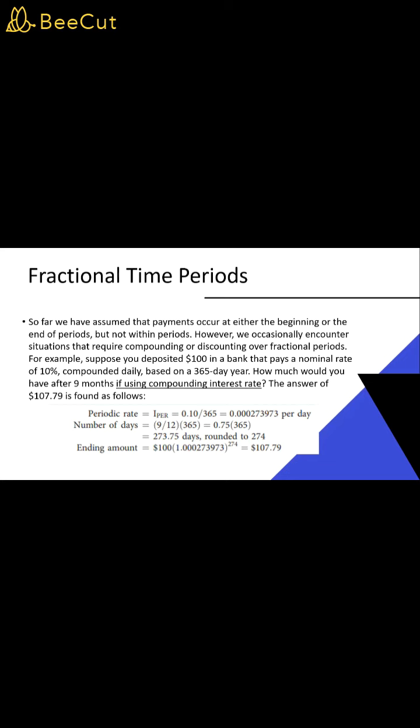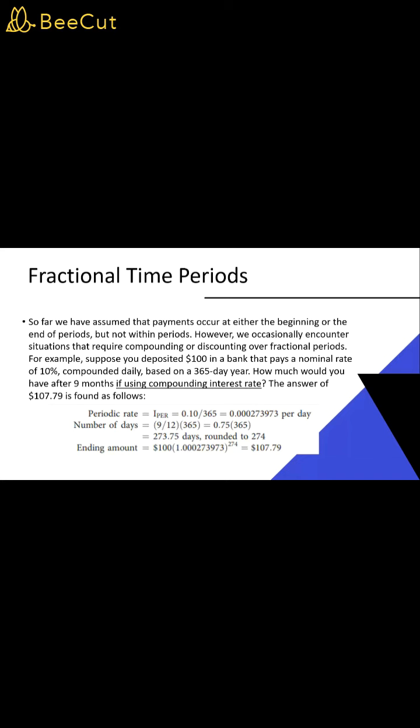Now, because you are calculating per day how much interest you're making, you want to calculate the number of days in 9 months. You can calculate that by 9 over 12, because it's for 9 months out of 12 months.